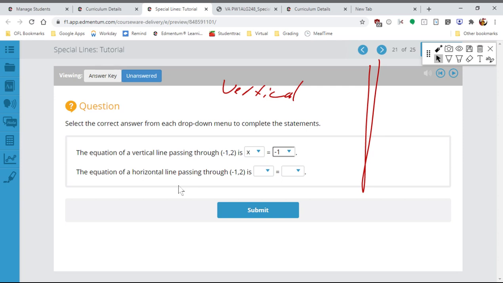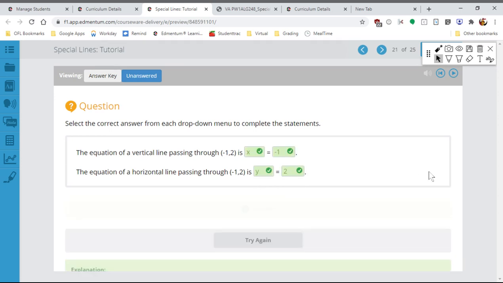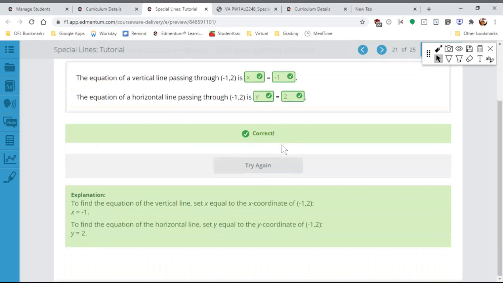Is this x equals or y equals? For a horizontal line, what stays the same in a horizontal line? The y, yeah. What is that y value going to be? It's going to be y equals something. What is it? Yep, y equals 2. We're not changing our 2. Exactly. Good job, guys.